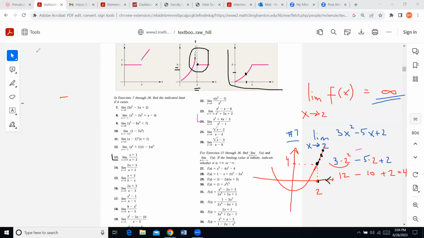Let's say if I try exercise number 13, finding the limit as x approaches 1/3 for the fraction with x plus 1 on the top and x plus 2 on the bottom, then all you have to do is plug 1/3 instead of x. So you take your function and plug in that number 1/3. And this is it, that's your limit.